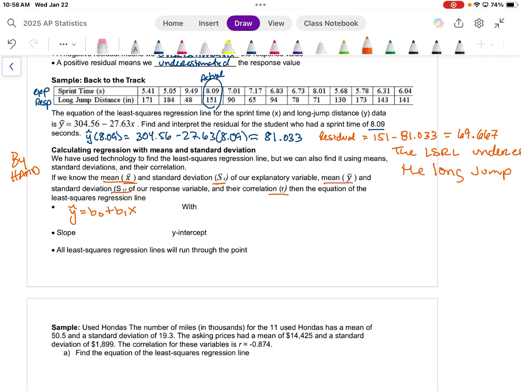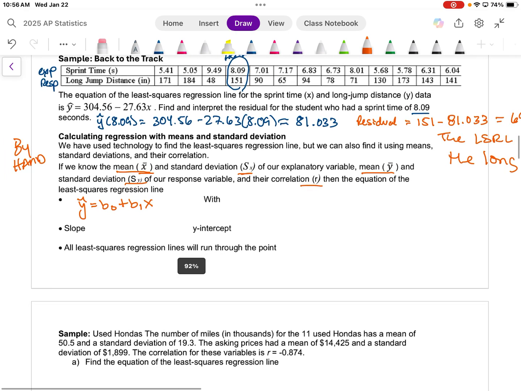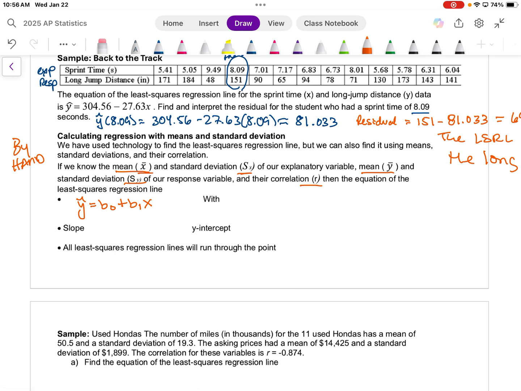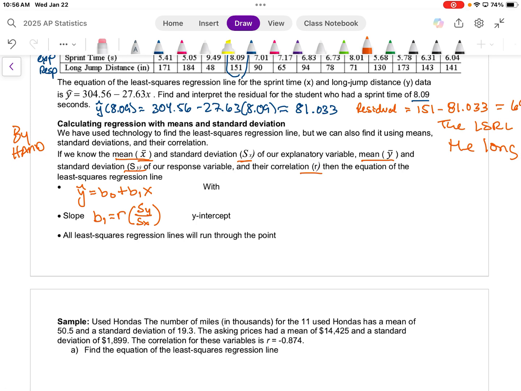Now, here is how you would compute the slope, and we're going to talk about which order to do things in first. The slope, b sub 1, is equal to the r value times the standard deviation of y divided by the standard deviation of x. Back in 8th grade, we just had you fold the line during the scatter plot, pick two points close to that line, and find the slope, y2 minus y1.